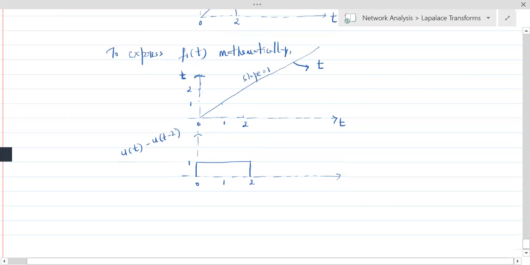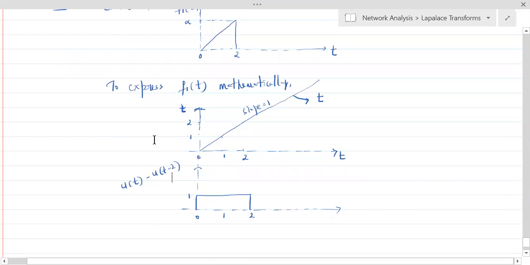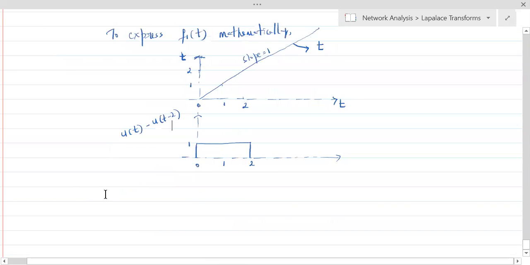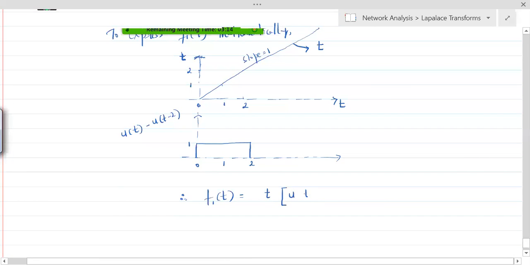So in what way can you express f1 of t in terms of these two? We have done that before, I'm just doing it again. Therefore, f1 of t is obtained by multiplying t by u of t minus u of t minus 2.